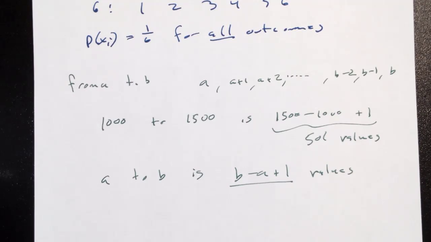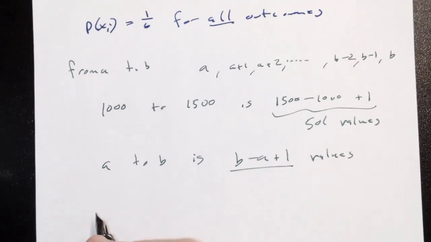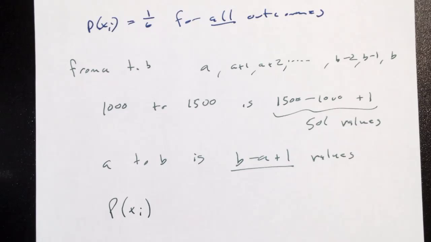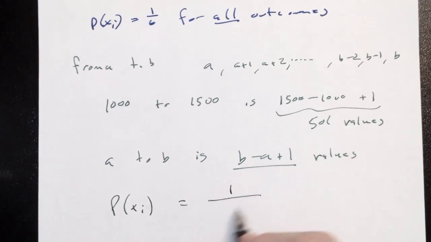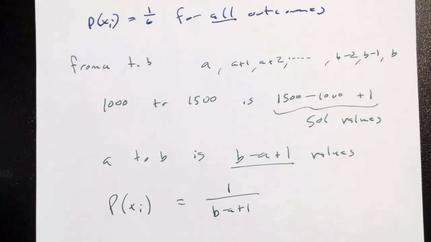But wait a minute. If that's how many values I have, then the probability of every one of them is the same. One out of.